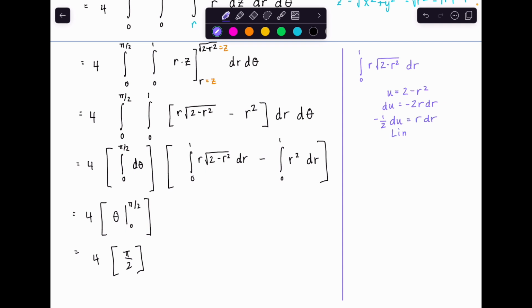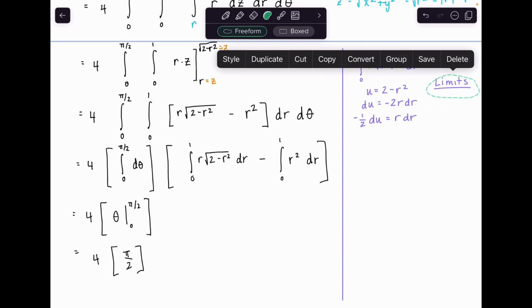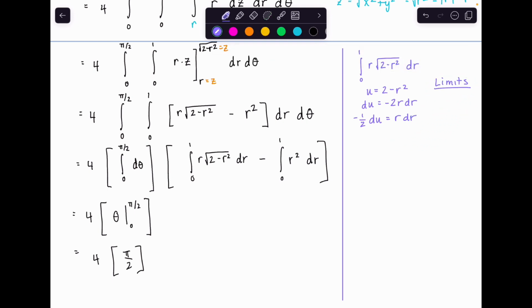And then for our limits, we definitely want to go through and do those. Let's even move these over so I don't take up as much room. When r equals 0, our u is going to be 2 minus 0 squared. When r equals 1, u is going to be 2 minus 1 squared, so it becomes 1.